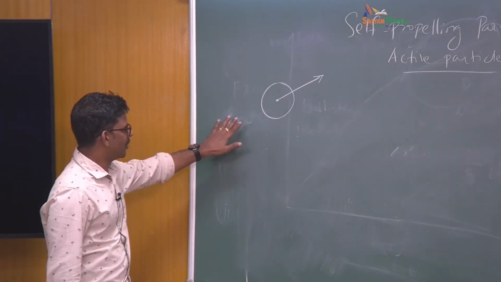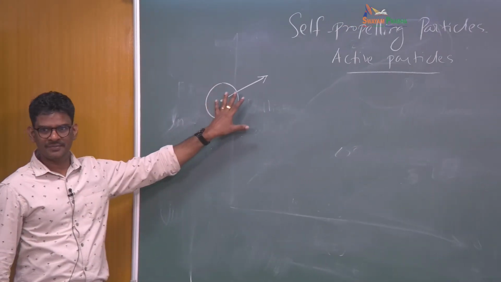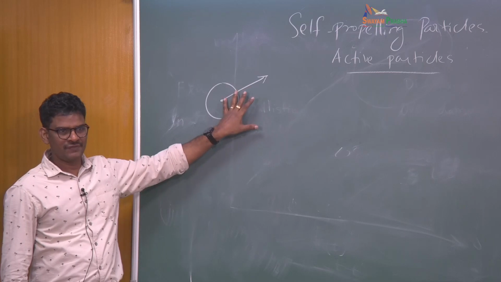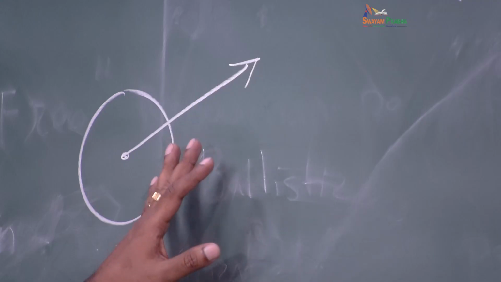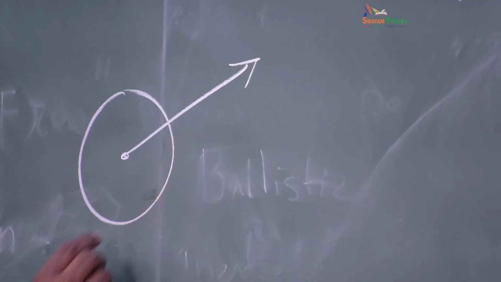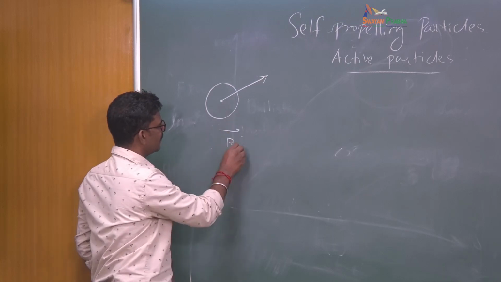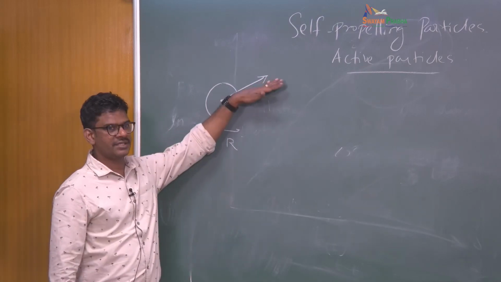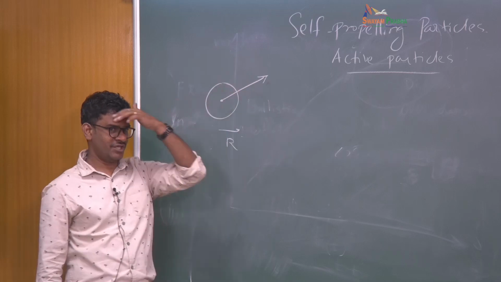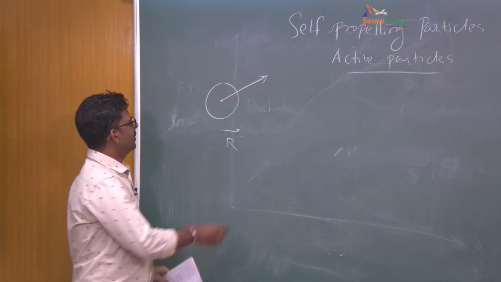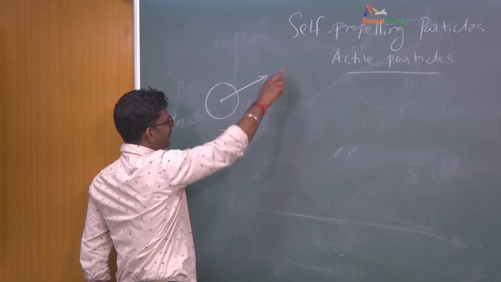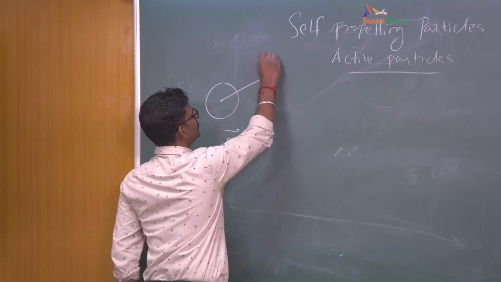So coming back to this problem, imagine this is more like a bacterium, but here for simplicity we have taken a circular disc with a radius r, and there is an orientation. This orientation vector is also going to change. We say that this particle is propelling in this direction with a certain velocity Vp.